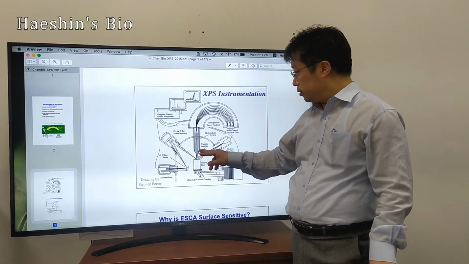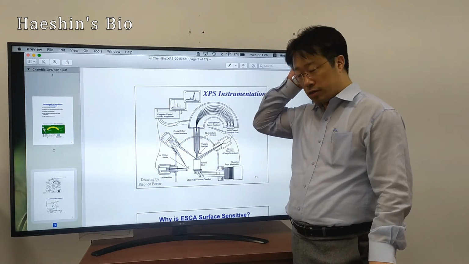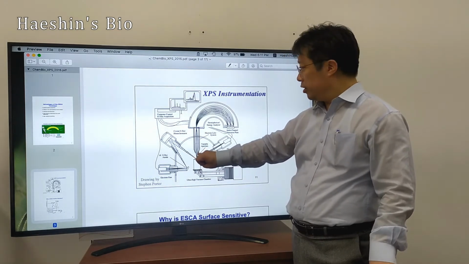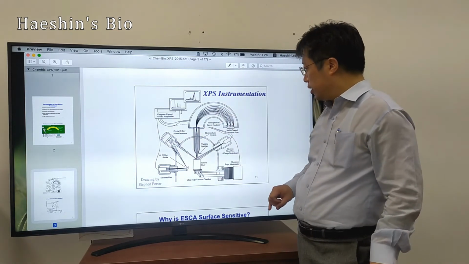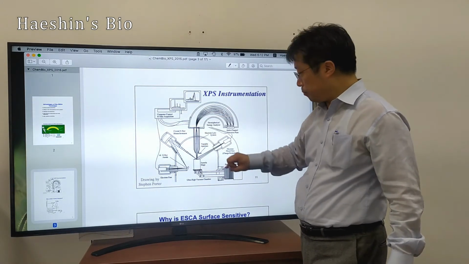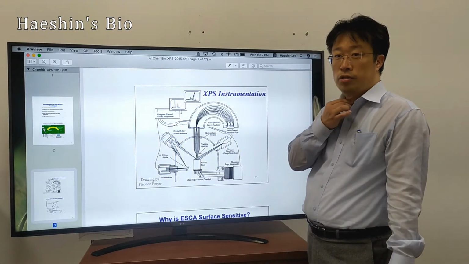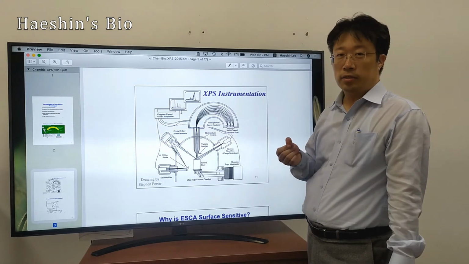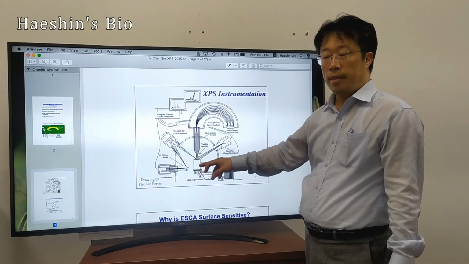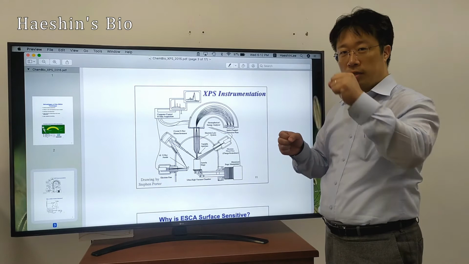But collecting through this aperture, only part of the electrons come from here, because a positive charge is applied here. Then they analyze and detect these photoelectrons, basically analyzing the kinetic energy, which is the speed. You have an input energy, and a certain amount of energy is consumed, and the rest goes to the electron's own binding energy.